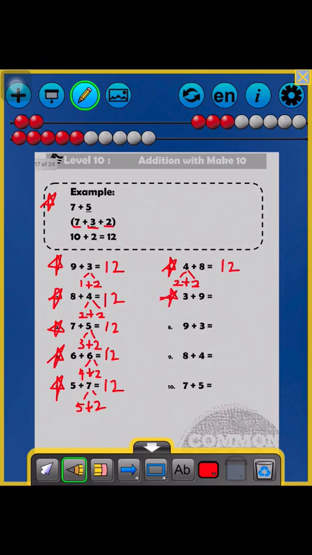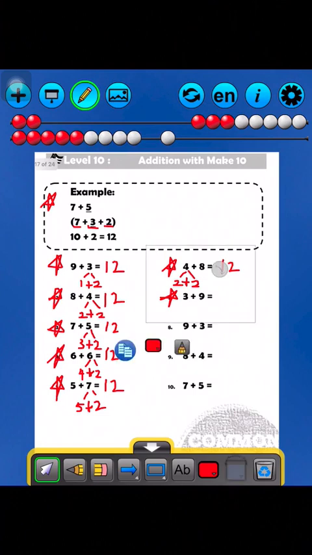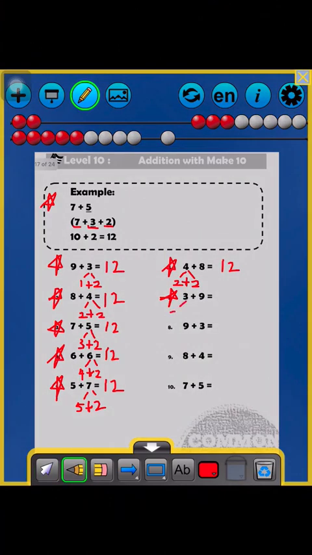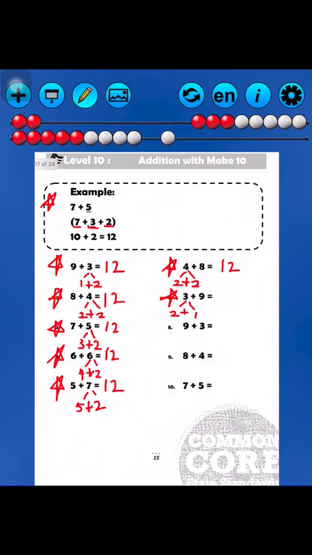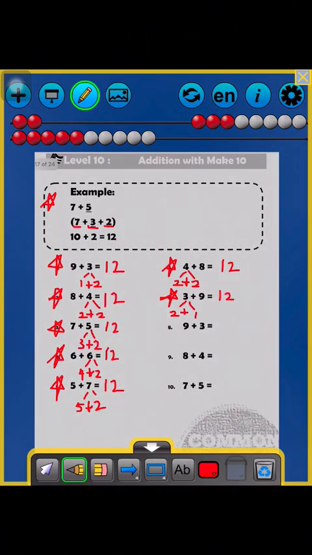Next we have 3 plus 9. Nine plus 1 equals 10, so we may take away 1 from 3 and give it to 9 to have 2 plus 1 plus 9 to have 10 and 2, 12. Next we have 9 plus 3.